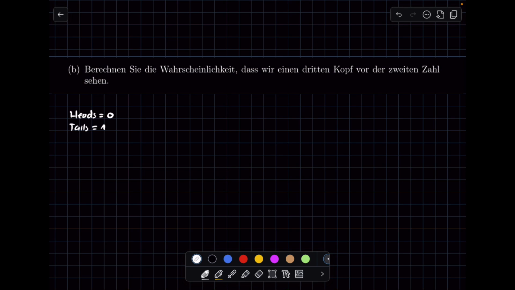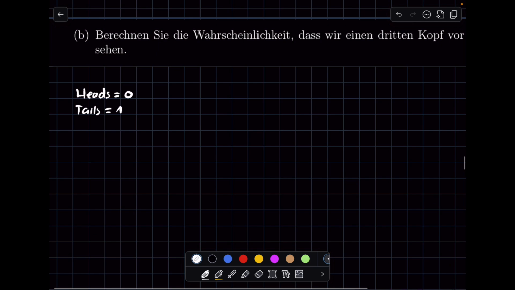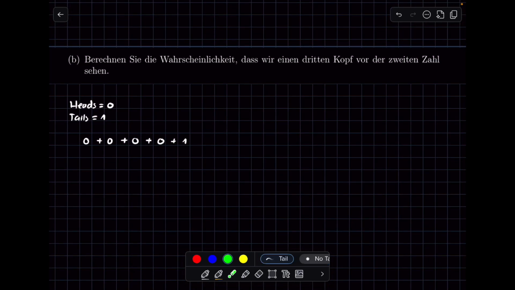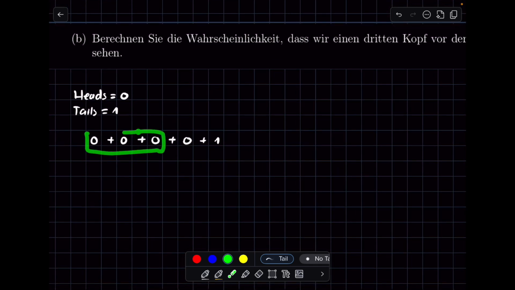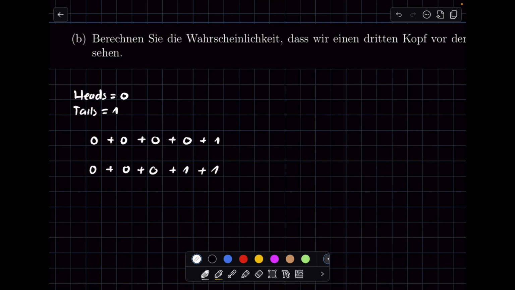We cannot do 2. So what we'll do is say, we know for a fact that whenever we get heads it is 0. So we add 0 plus 0 plus 0 plus 0 plus 1. In this case, as you can see, we got the third head before the second tail. We only have one tail, right? We can also have, for example, 0 plus 0 plus 0 plus 1 plus 1, right?